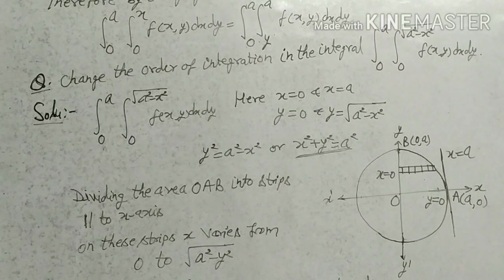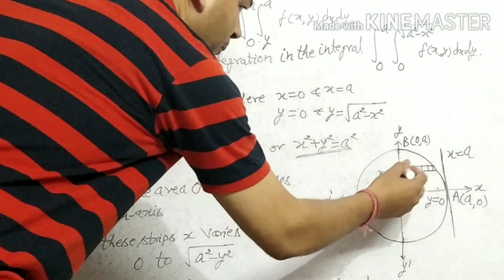Again with the same process you take a strip dividing the area OAB, parallel to the x axis. Again your limit will change: x equal to 0 on this line, to the point on the arc AB of the circle x square plus y square equal to a square.